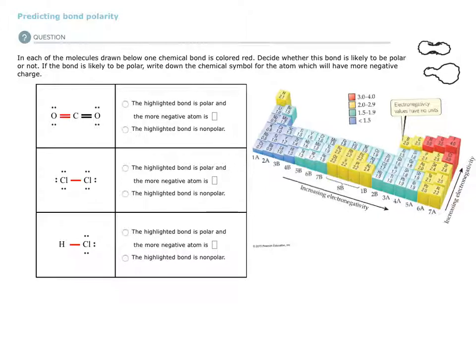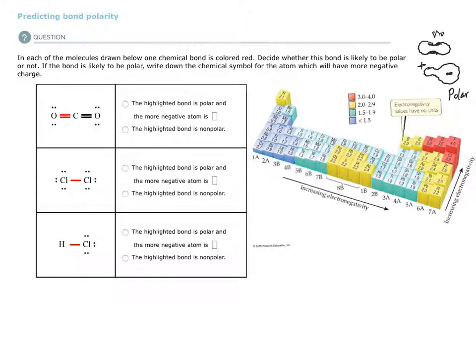Polar means this side is more negative normally because the electrons are hanging out there more, and if it's more negative on one side, then by default it's going to be more positive on the left. So this would be polar.